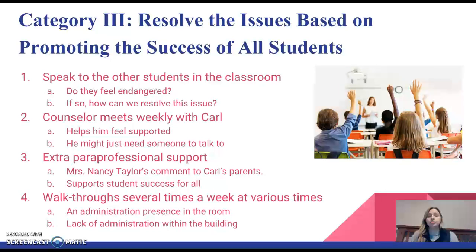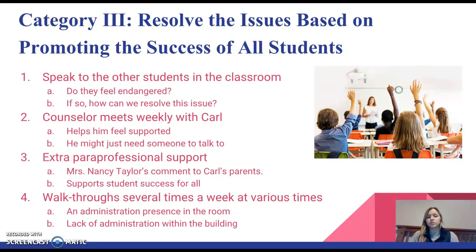That is a big problem in most classrooms. So I think maybe putting a paraprofessional in her room would help support her. Maybe she would feel more comfortable having one in there to help with Carl's needs, but also to help with the other students' needs. And that would just support student success for all students, not just for Carl.